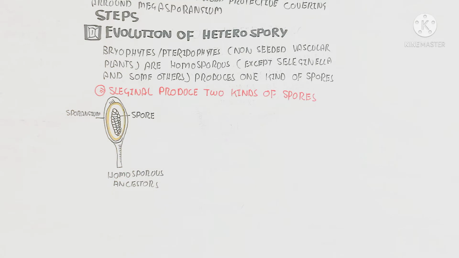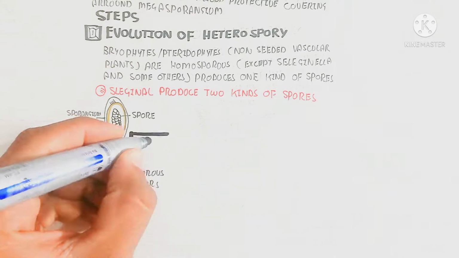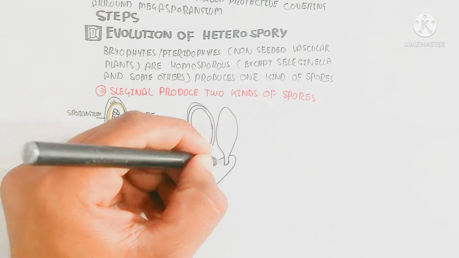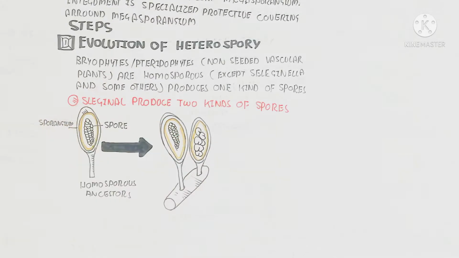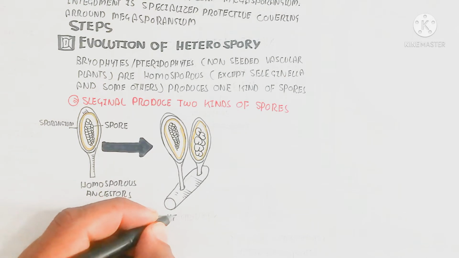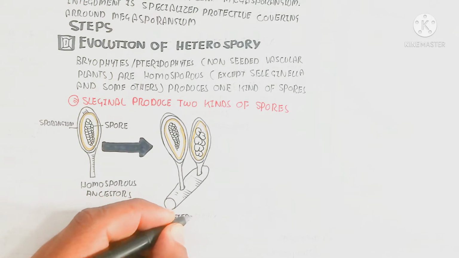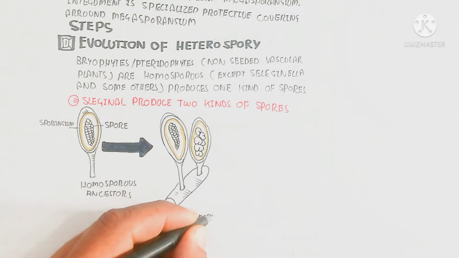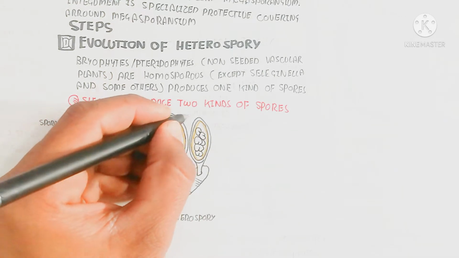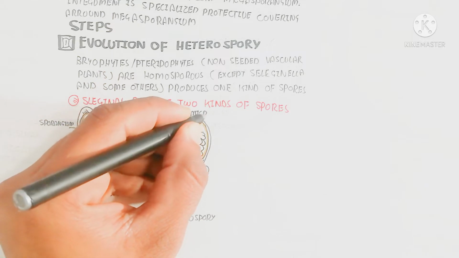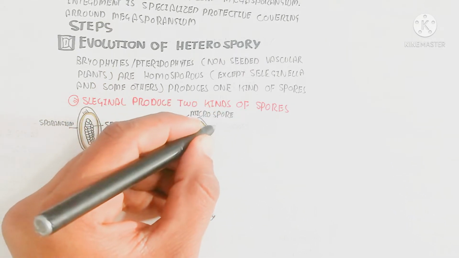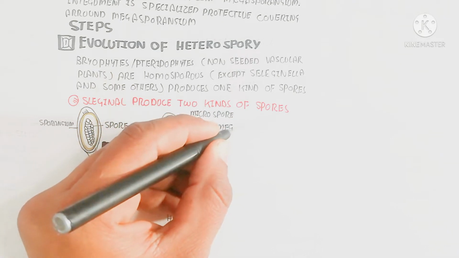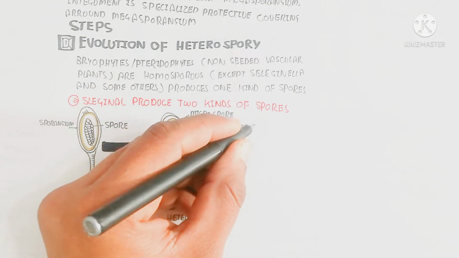The spore inside is haploid or diploid, depending on the species, and will produce new plants. Here is heterospory. Hetero means different, so there is microspore and megaspore formation. The megaspore is the precursor of the female gametophyte, while the microspore is the precursor of the male gametophyte. This is the microspore and this is the megaspore. This is the heterospory formation.